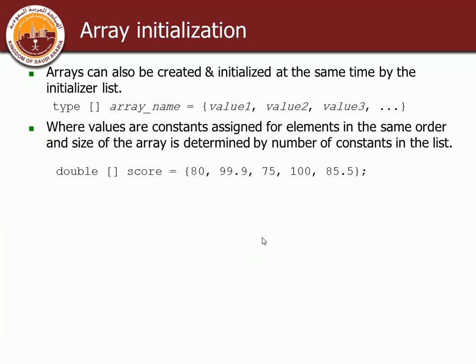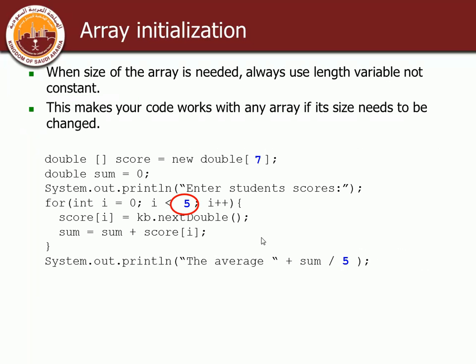If you compare it to the previous declaration that we did, when I specify the size, I specify the data type, then the name of that array, and then the same data type again with the new before it, and between those brackets I use the size of my array, which in this case is 5, which means I will have 5 elements in that array.